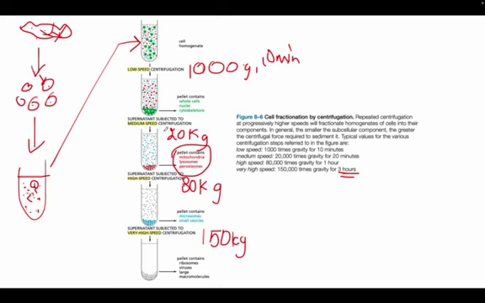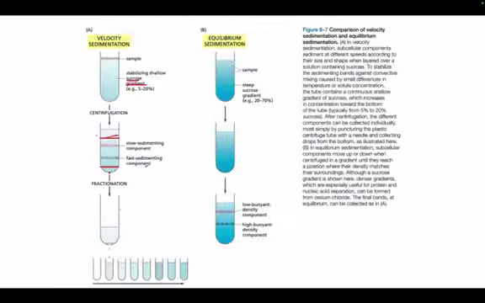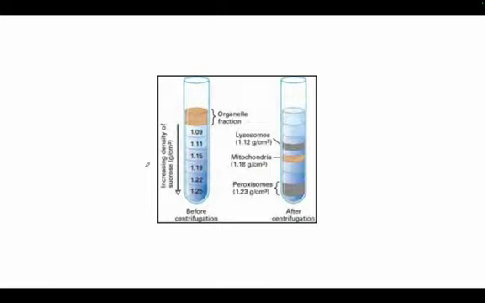After this medium speed centrifugation step, you're getting all three of these together in the same pellet. But if I want to separate these, I have to use density centrifugation, because I can then make use of this subtle difference in the density. So lysosome is 1.12, mitochondria is 1.18, and peroxisome is 1.23. They will then settle at these interfaces at the appropriate density, and then you can just use a syringe to isolate this mitochondrial fraction.